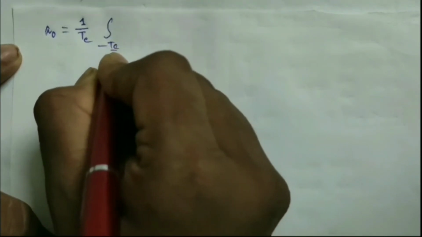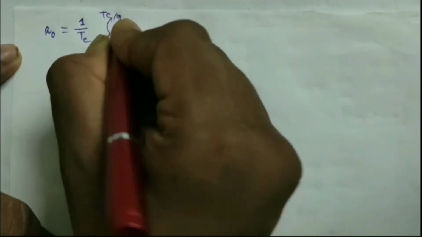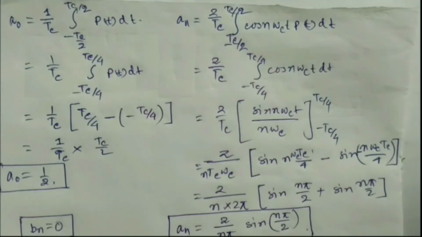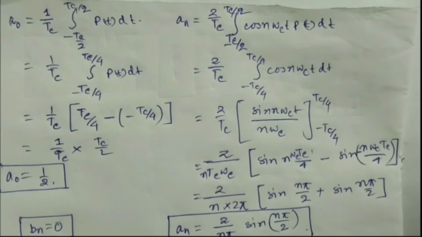a0 is 1 upon time period, integration from minus Tc by 2 to plus Tc by 2 of p(t) dt. After solving, we will get a0 equals half, an equals 2 by n pi sine of n pi by 2, and since p(t) is a periodic signal, bn will be 0.